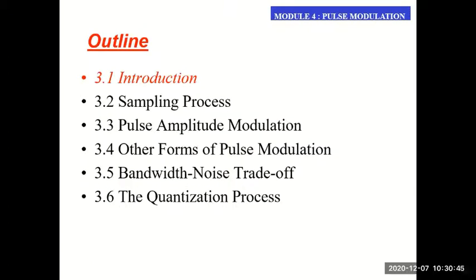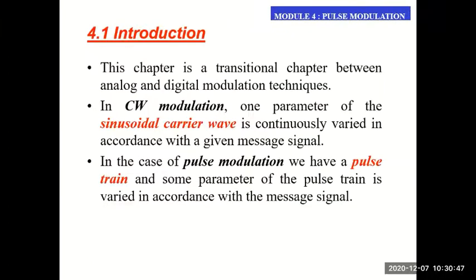These are the topics which we will study initially. Now, as I told you in the beginning itself, this is a transitional chapter between analog and digital communication, or analog and digital modulation techniques. Till now, we studied all various analog modulation techniques like amplitude modulation and angle modulation, and in angle modulation, phase and frequency modulation.